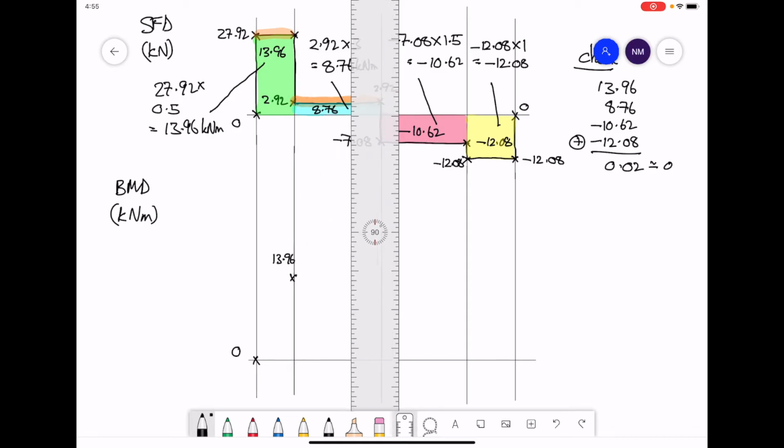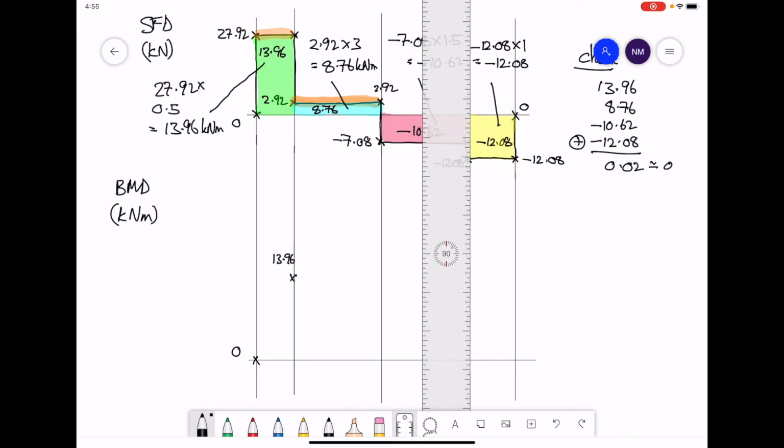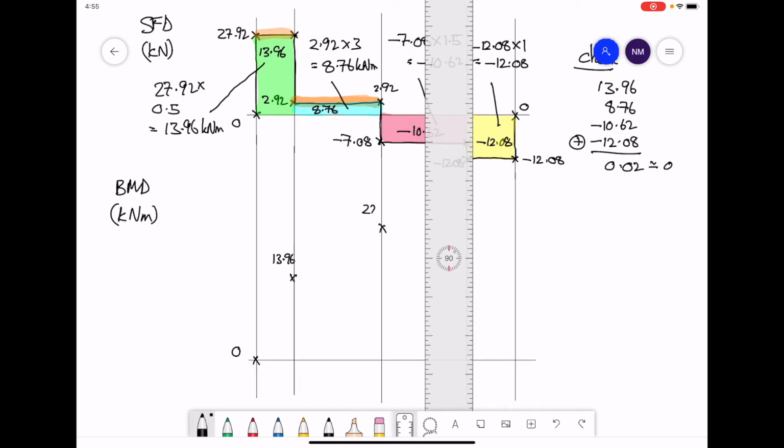As we move across the beam to the next point load, the total area we have revealed on the shear force diagram is the total of the green and the blue areas. Those two values added together, 13.96 plus 8.76, gives you 22.76.